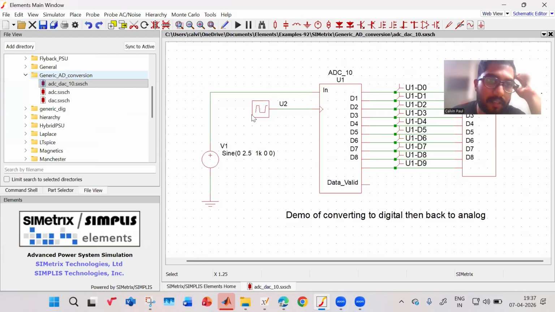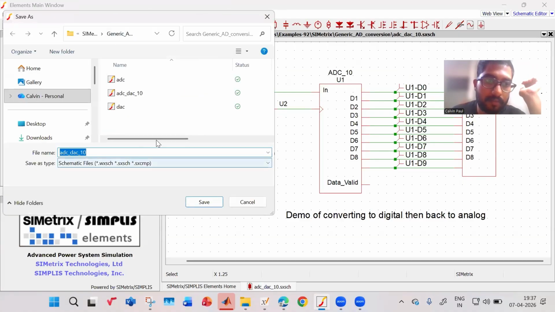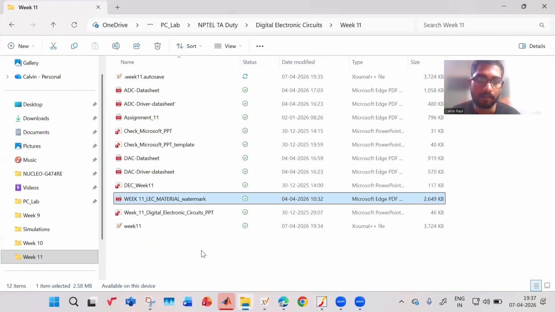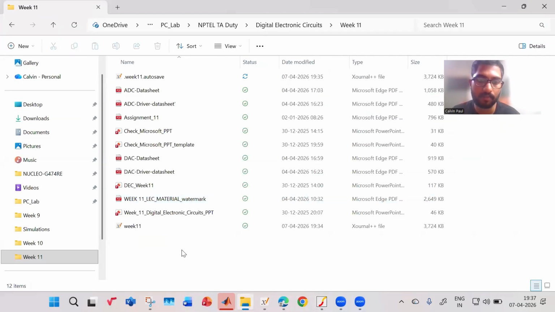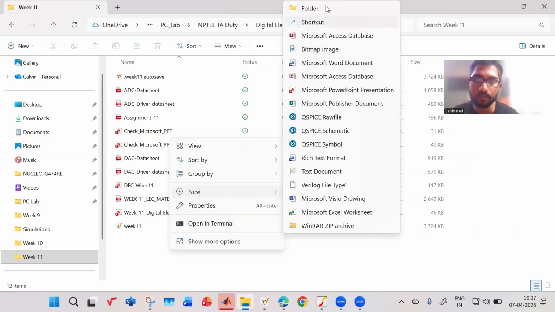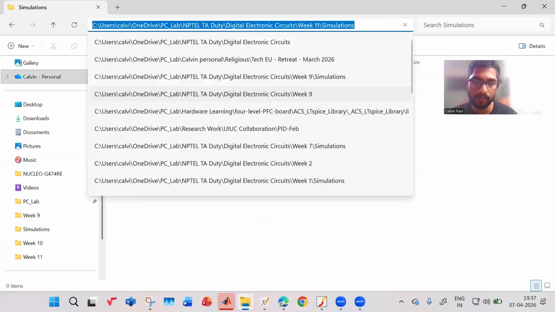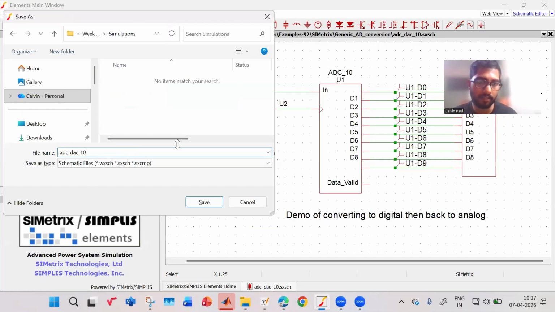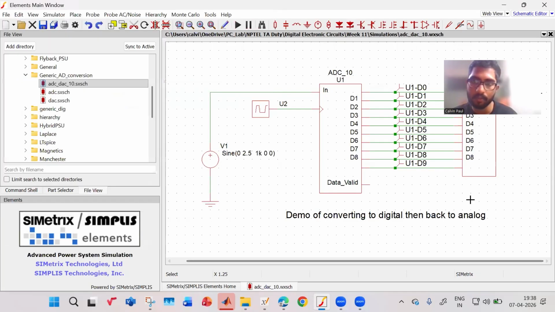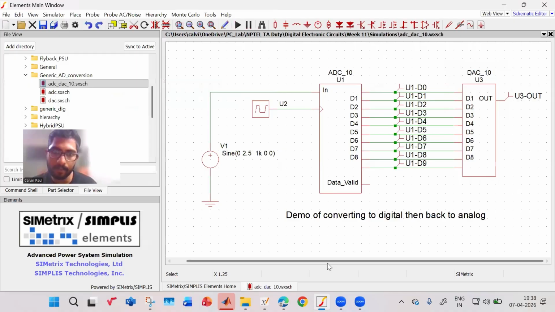Let me save the schematic somewhere, and let me start the simulation. This is where I want to save it: ADC, DAC. Yeah, okay, fine.